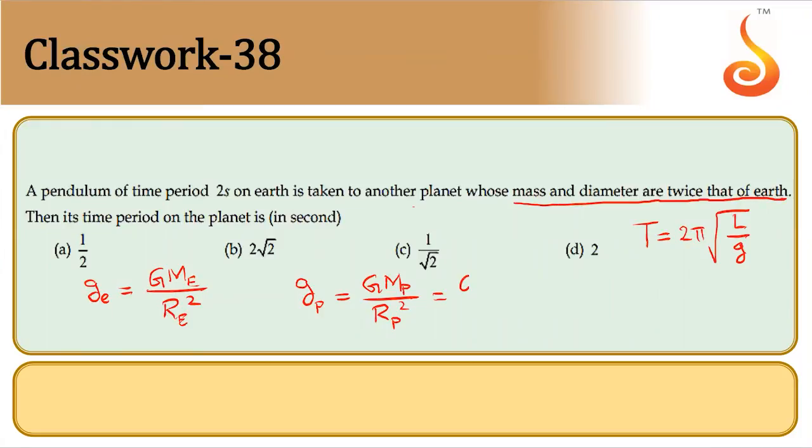So this will become G into 2 times ME. The diameter is twice, which means the radius is also twice, so it will be 2 RE whole square. That will be 2 G ME divided by 4 RE square, that is gE by 2.